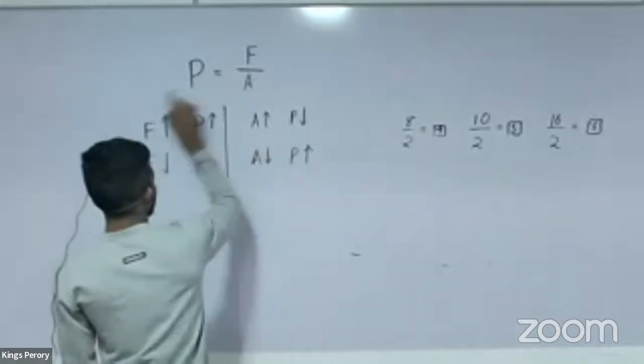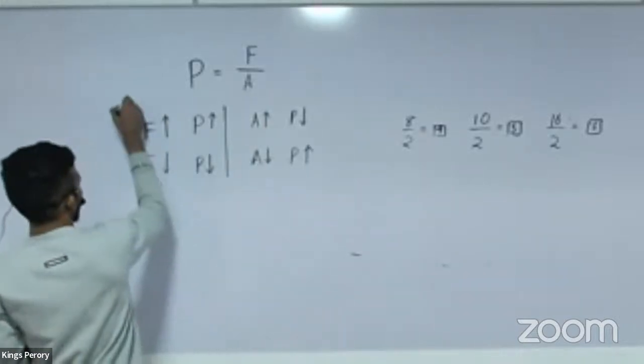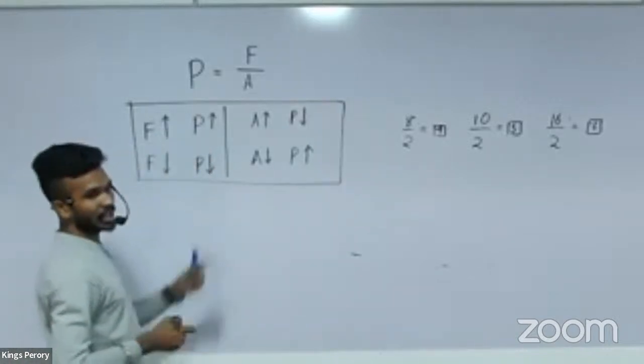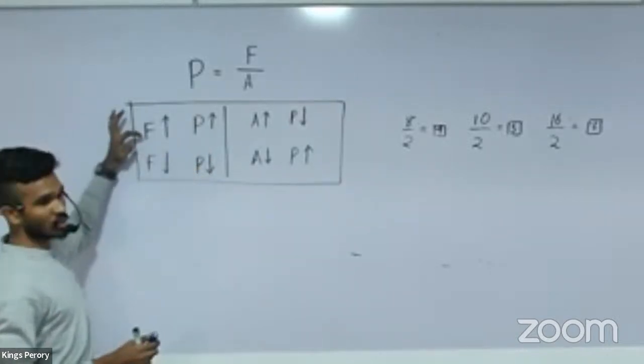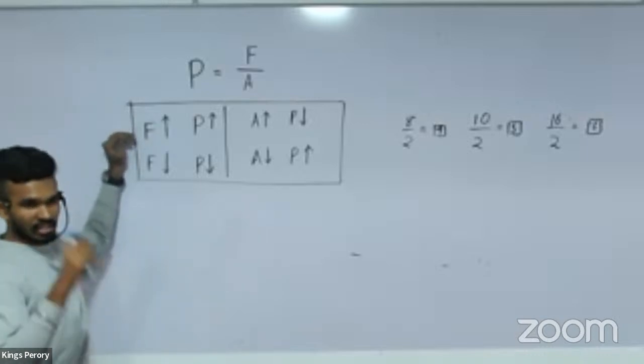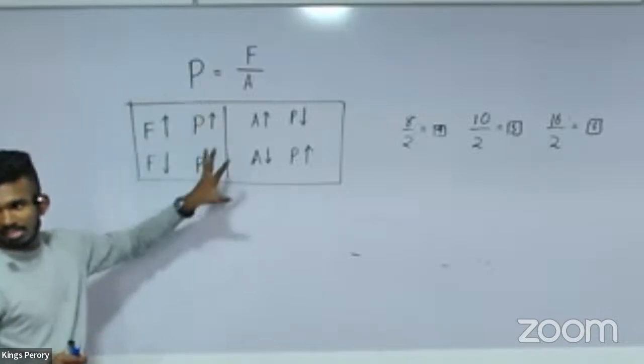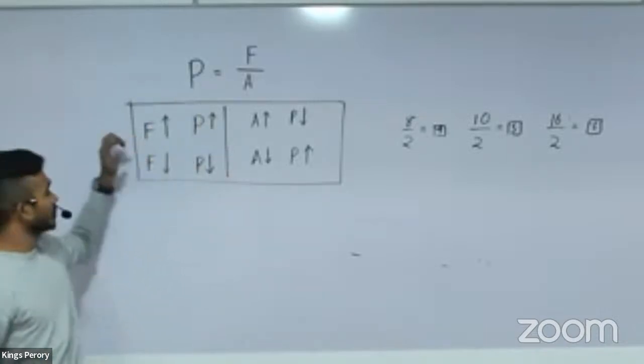No need to write this as a sentence, just write it this way and box it. Can you understand this one? Or should I give it as: when force increases, pressure increases; when area increases, pressure decreases. Should I give it that way? Can you understand this way?